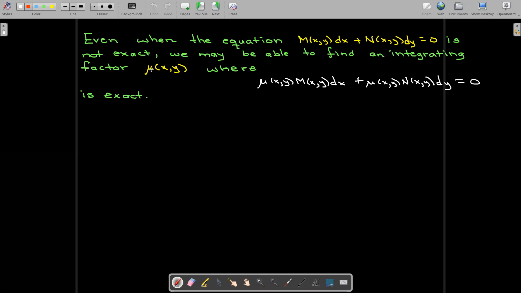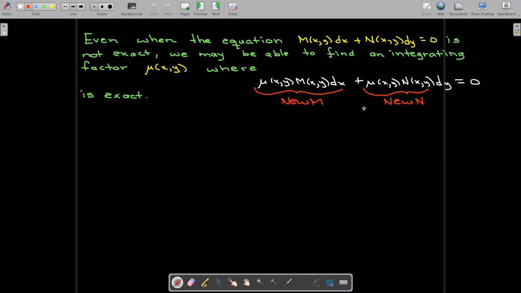We're going to call it mu. And we multiply through both sides, every term, by mu. And the resulting new functions, meaning the product of mu with M and the product of mu with N, will result in an exact differential.